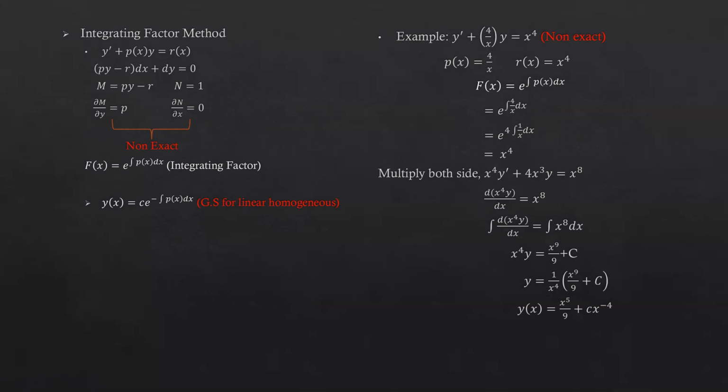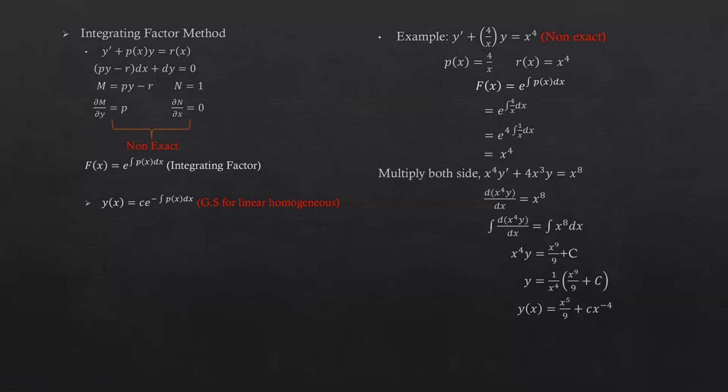Next is the integrating factor method. For this method, if the equation is a homogeneous linear ODE, we just straight away use the general solution for the linear homogeneous ODE, which is y equals c times e to the power of negative integral of p(x) dx. For the non-homogeneous case, where r(x) is not equal to 0, we need to use the integrating factor as well, whose formula is simply e to the power of integral of p(x) dx.